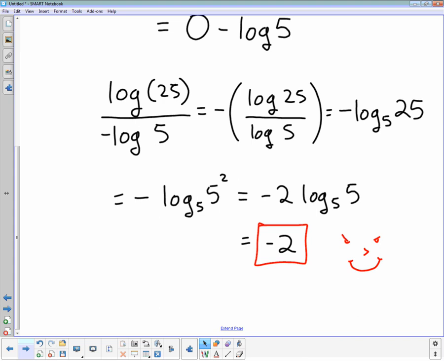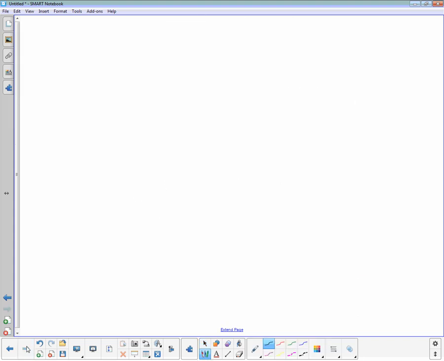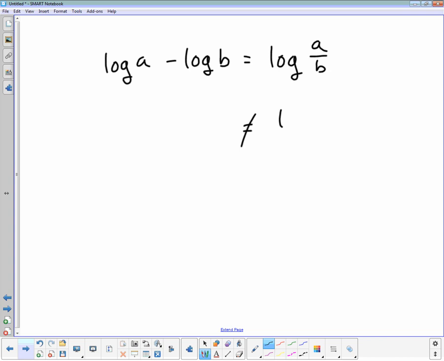Done. Would it help to change the base if you did the division like you did before? The division rule for log states if I have log of A minus log of B, this is equal to the log of A over B.